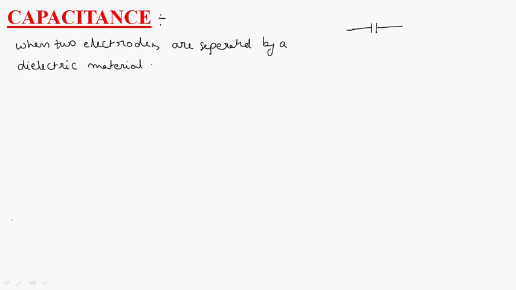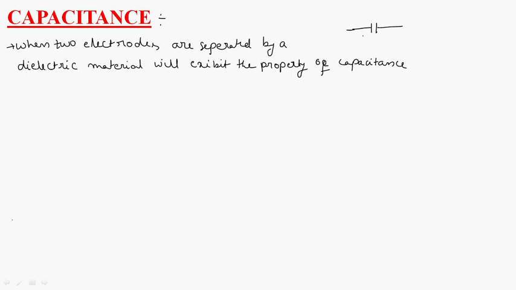Two electrodes, which are nothing but conductors, separated by a dielectric, will exhibit the property of capacitance. A dielectric material is nothing but an insulator.